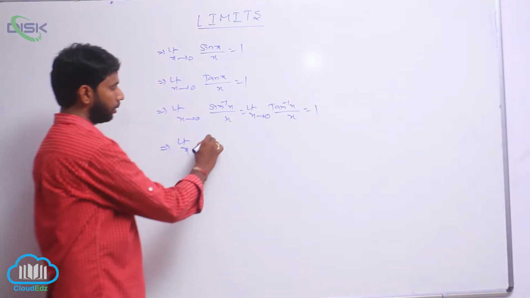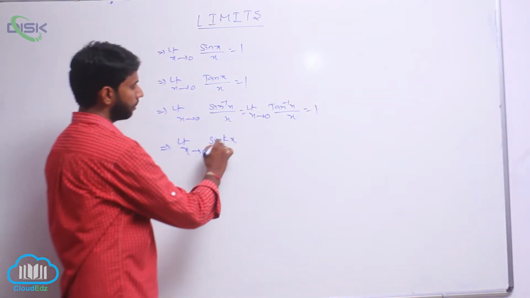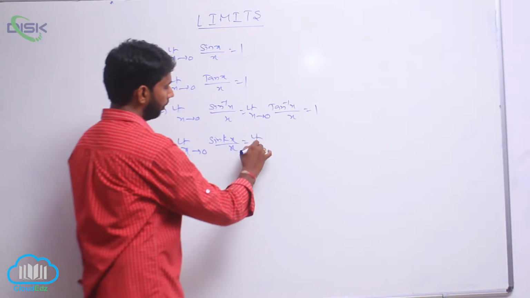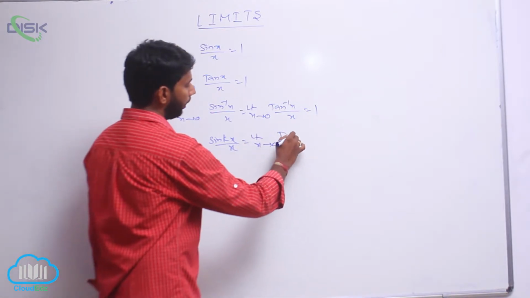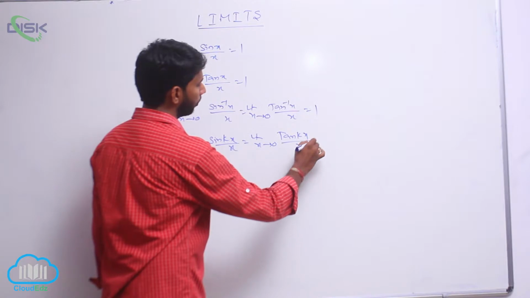And limit as x tends to 0, sin kx by x equals k, and limit as x tends to 0, tan kx by x equals k.